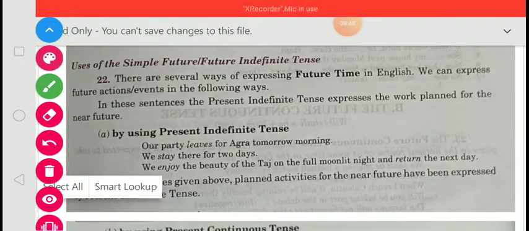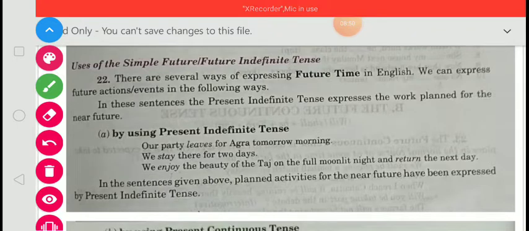Okay, so dear students, future tense can be expressed in many ways. It is not that we express future action only by using will or shall. Future action can be expressed even using present continuous and present indefinite, that is simple present.